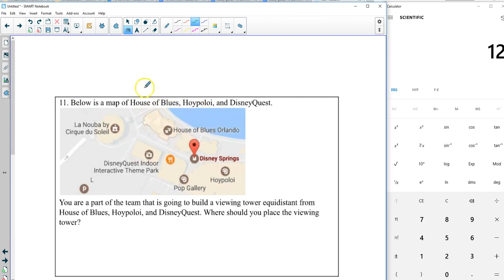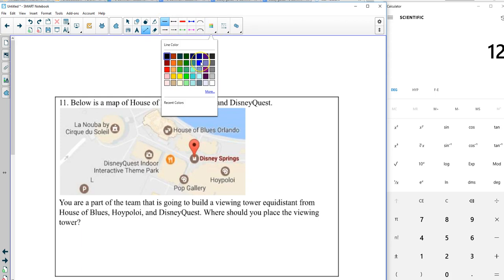So then, they're looking for a viewing tower that's equal distance from each one of those parts. So let's draw triangles so that we can see what it looks like. Blue.